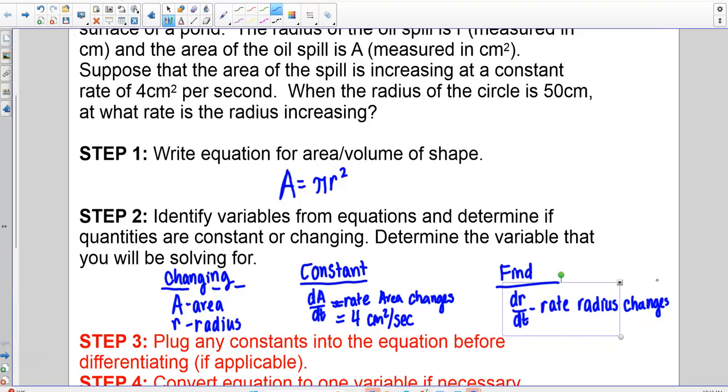We measure it in length. In particular, for this case, what unit are they using for length? Centimeters. So this is going to be centimeters per second are going to be our units for our answer, because we measure radius in centimeters, and then time that we're using here is seconds. Notice, area is square centimeters, because we measure area in square units, but radius would just be measured in centimeters. So we'll do that.